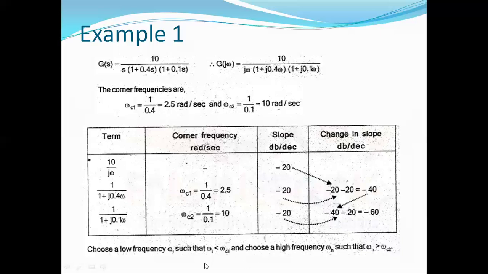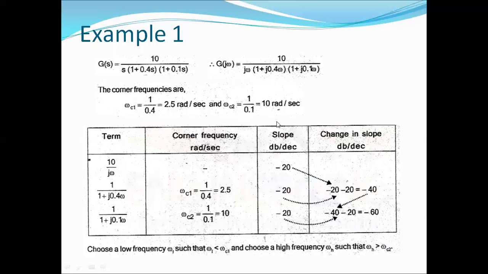Okay. Then you can select two more frequencies, one below the first corner frequency, that is 2.5. You can take it one decade apart, as 2.5 divided by 10, which is 0.25, or you can take a lesser value than 2.5, such as 1 or 2. You can take anything, but preferably one decade apart, so you divide the first corner frequency by 10.